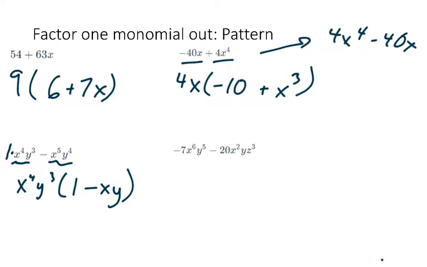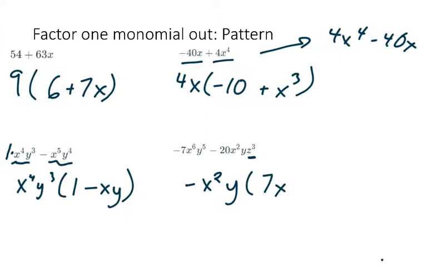Same thing here. What do we have in common with all these? Well, we've got this z thing here. Well, that's not really doing anything over there. They both have some x squareds. They both have a negative, so I'm going to have a negative. I'm going to have an x squared, and they both have a y to the first. All right, and then I'm going to pull those other exponents out. So I've taken the negative out, so we're going to have a 7x.